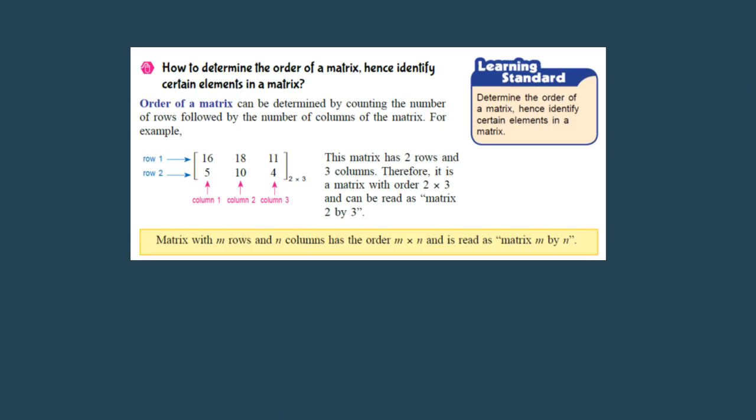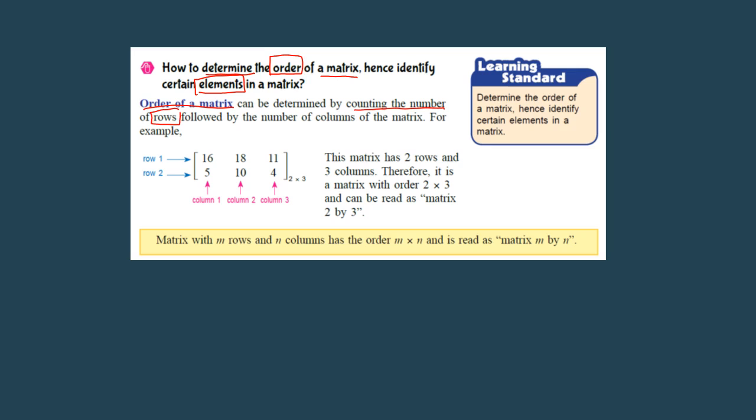Okay, now we will determine the order of a matrix, and after that we will identify the elements in a matrix. Okay, the order of a matrix can be determined by counting the number of rows.